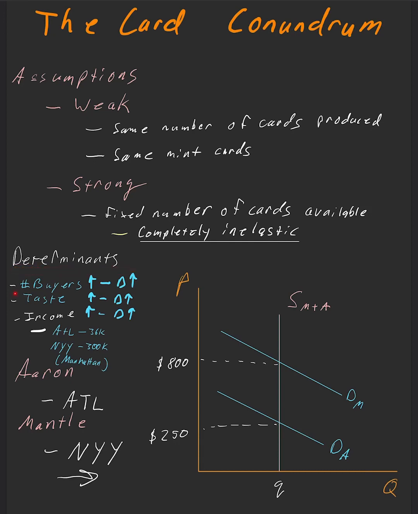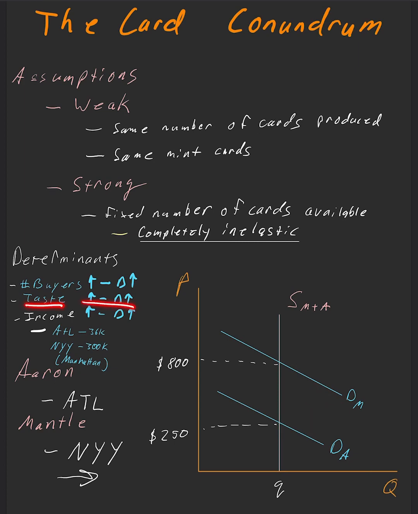Now, we can use these determinants that we've introduced to analyze the situation. Let's look at the number of buyers. Importantly, Aaron played in Atlanta for much of his career, while Mantle played in New York for much of his career. Which of these has higher population? New York does. So there's going to be more buyers, and as a consequence, higher demand for the Mantle card than the Aaron card.